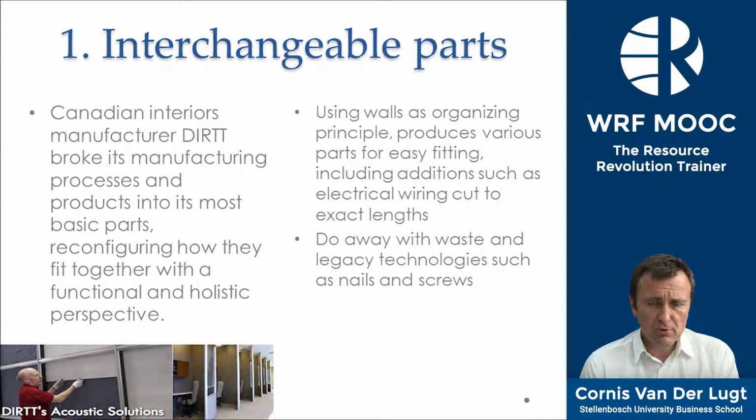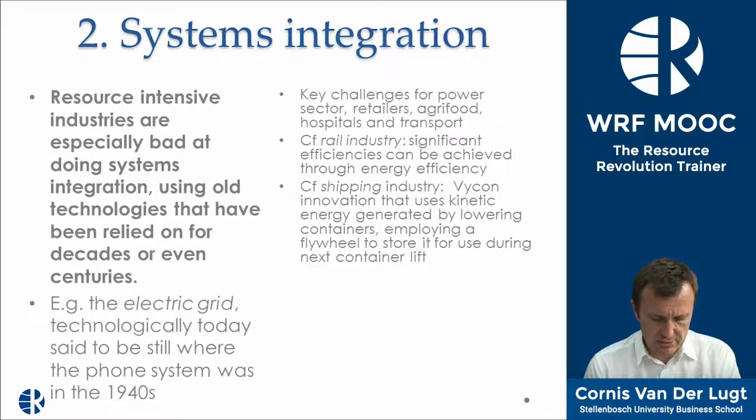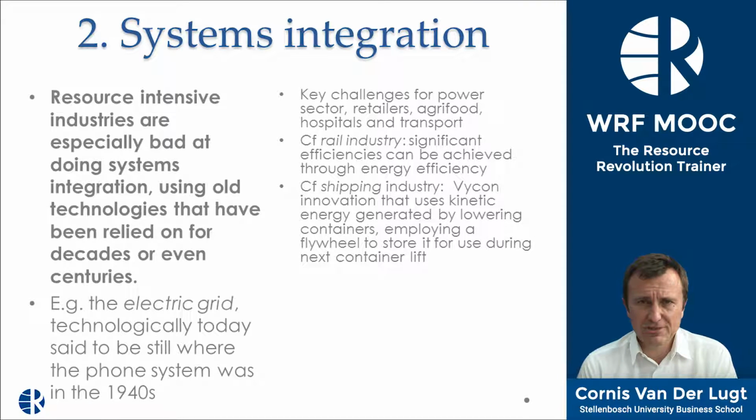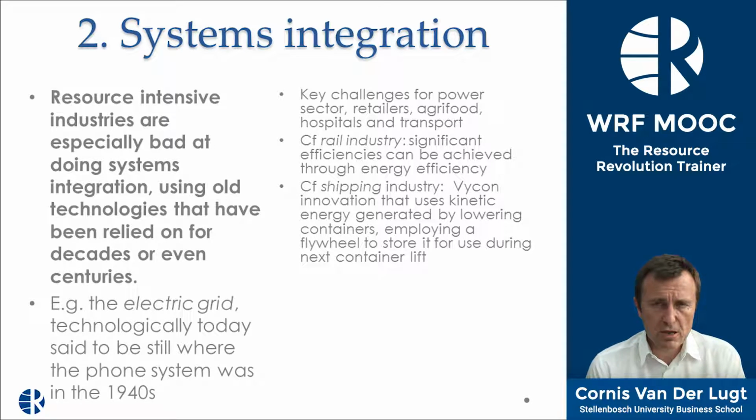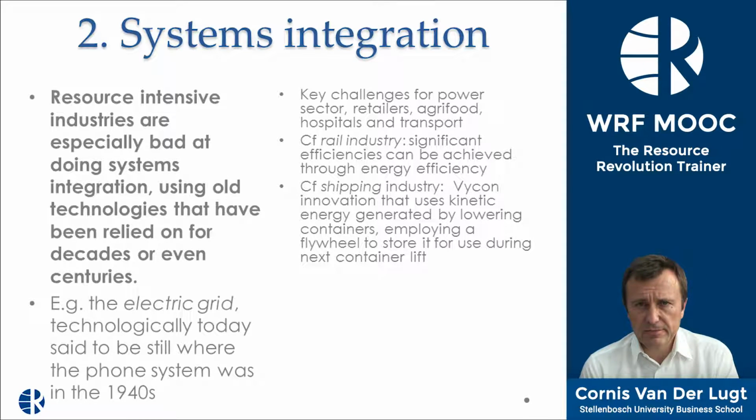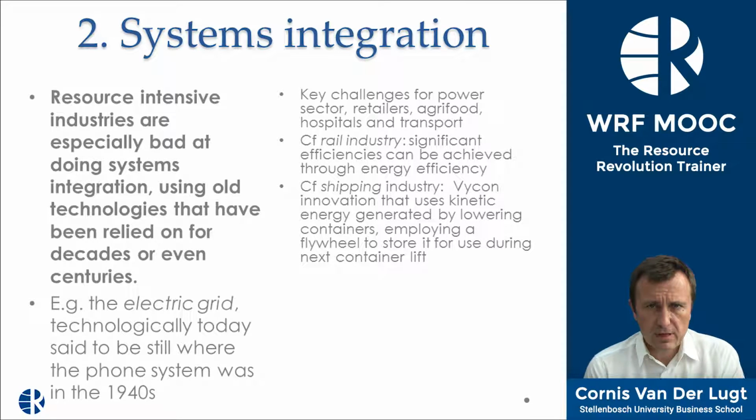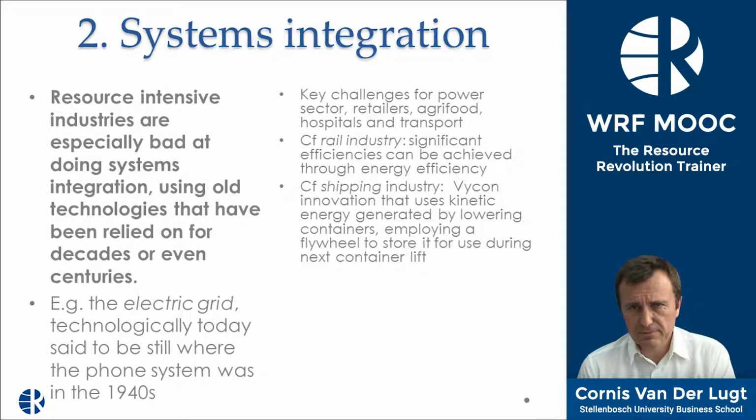The next building block we're looking at is that of systems integration. Now, resource-intensive industries are said to be particularly bad at systems integration, believe it or not. An example is the old power industry, the power grid, which is said to be technologically where the telephone industry found itself in the 1940s.